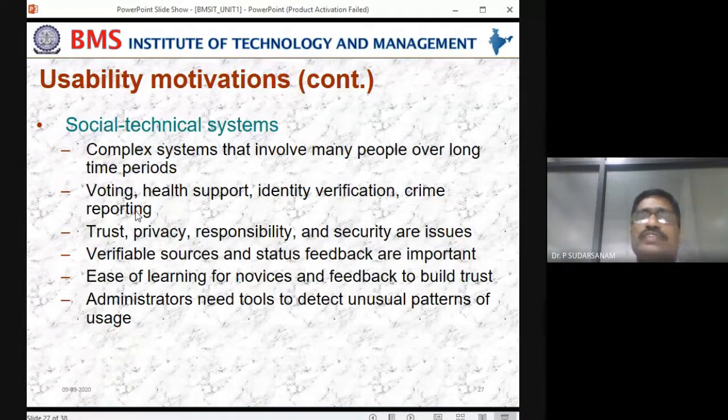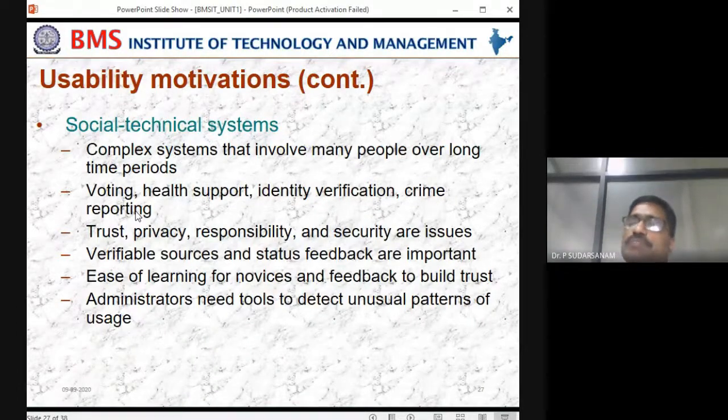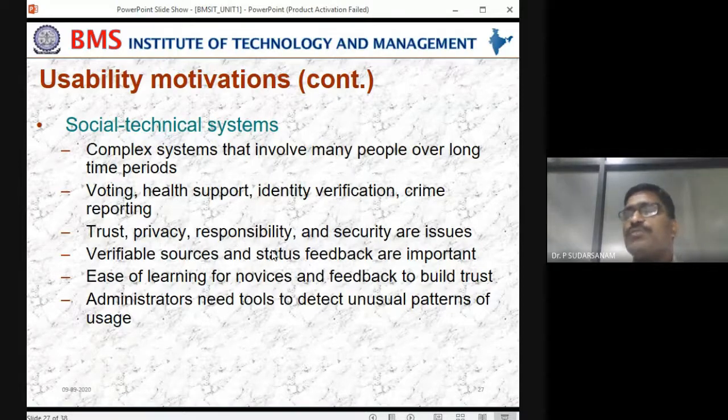Usability motivations. This is what they have to do when they're doing business. Motivation is important. Only bringing the items in front of humans is not enough, you have to do the background work. That means you have to motivate the people, tell them where it is available and how to utilize it.